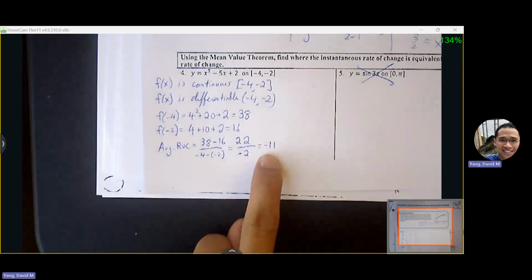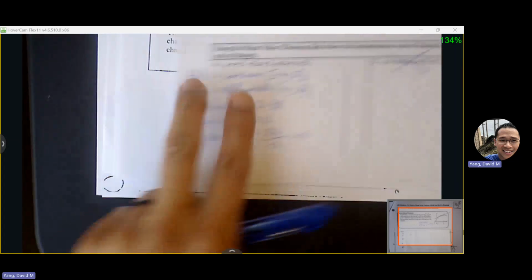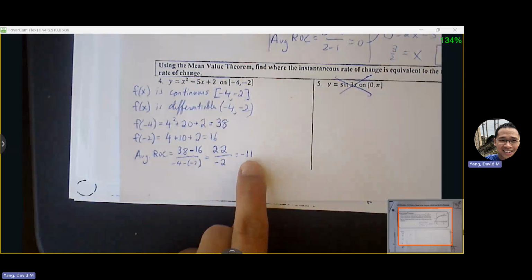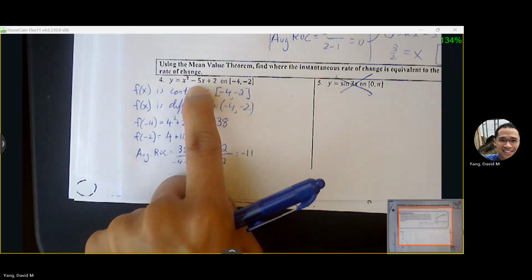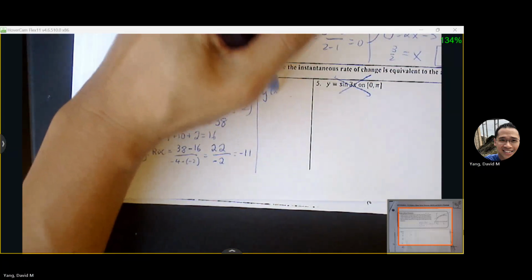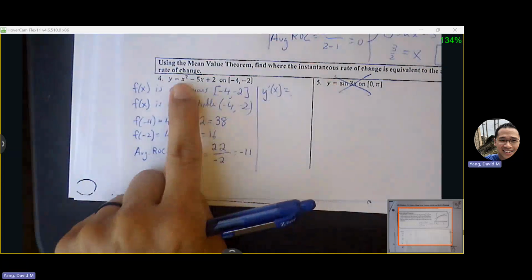So we know that there is a slope of -11 between the two endpoints. And now we're going to ask the derivative to tell us where this slope is going to exist on this curve. So we find y prime. What's our derivative?